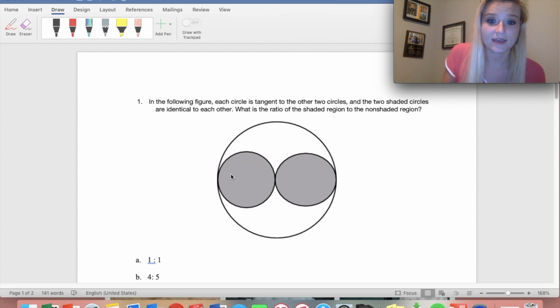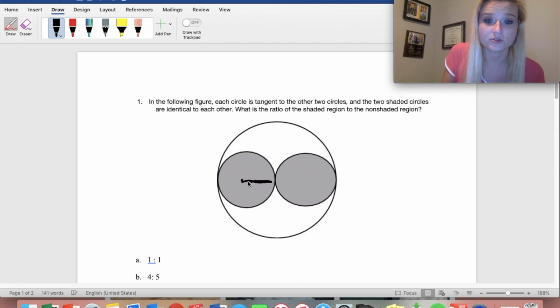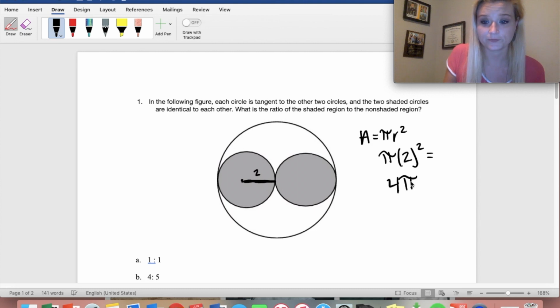So we can say that the radius of one of these smaller circles is 2. So that would make the area of one of the smaller circles, because we know the formula is pi r squared, pi times 2 squared, which of course would be 4 pi.